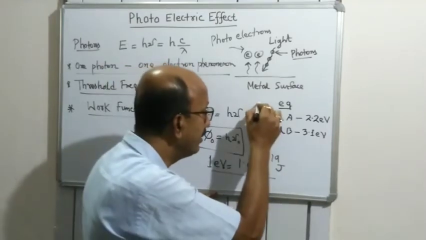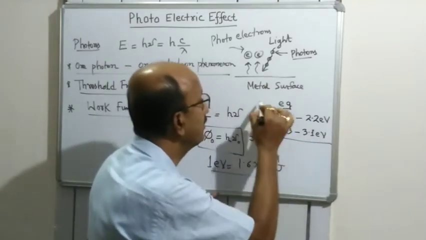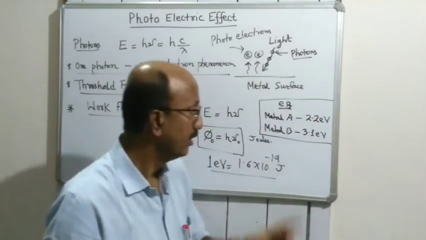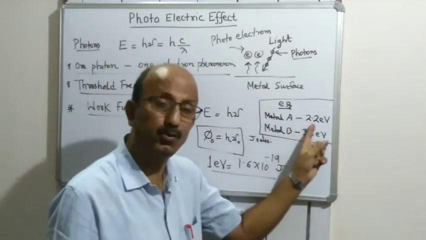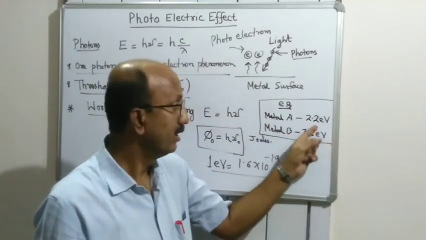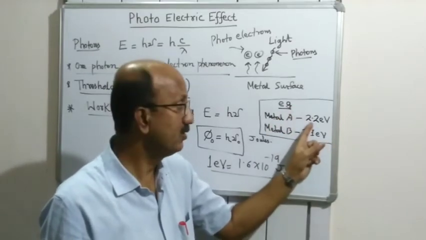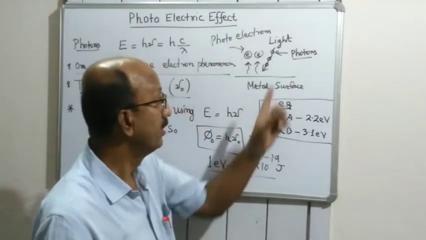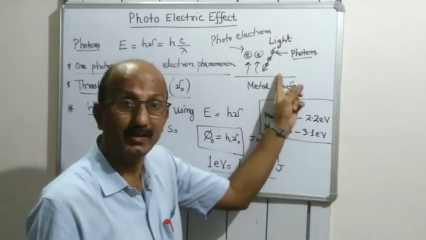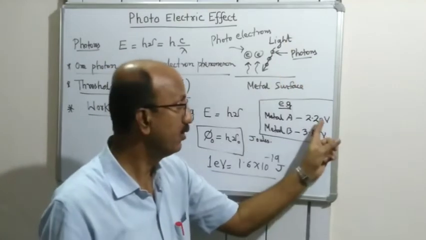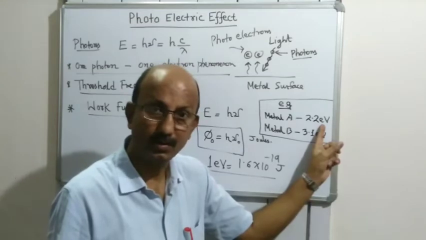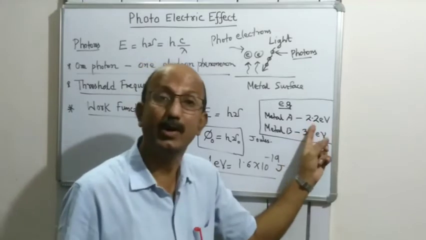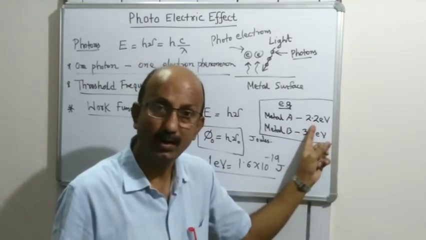So if this is known, then what do we understand from this? Metal A has a work function of 2.2 eV, which means that the metal A is going to emit photoelectrons if the light which is falling on the metal surface has minimum energy of 2.2 electron volt. If the light which is falling on the metal plate A has energy less than 2.2 eV, it will not emit any photoelectrons.